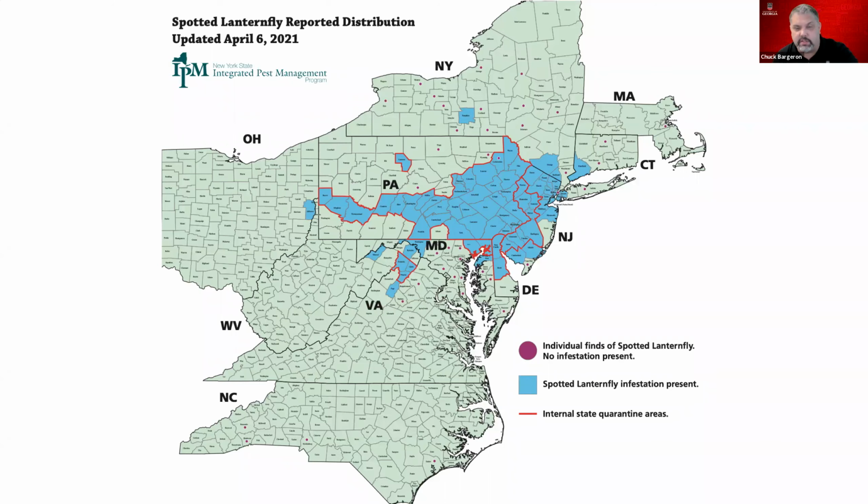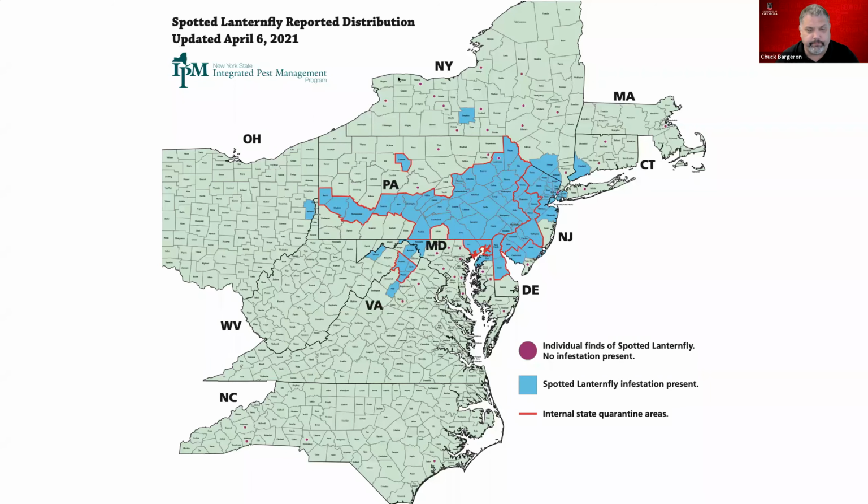But then the purple dots spread out show where the individual finds of the species have shown up. So definitely something to keep our eyes on, keep a lookout for.